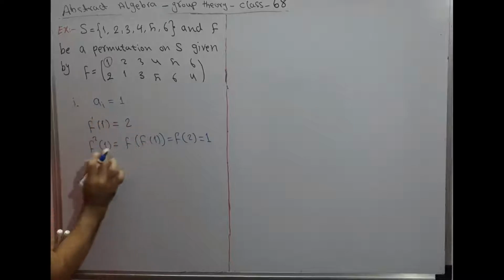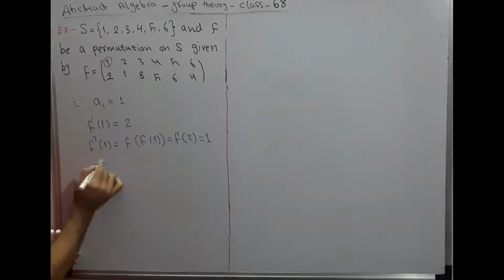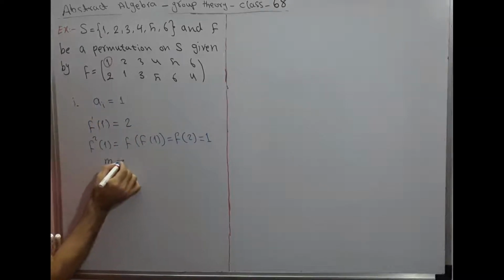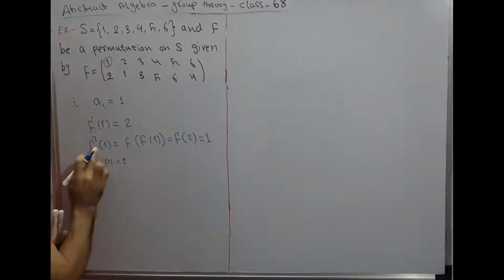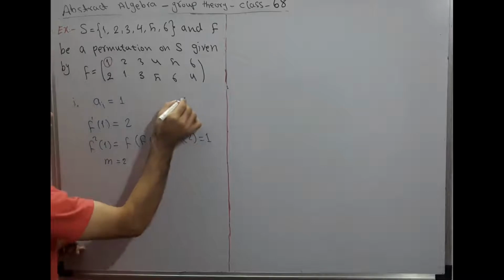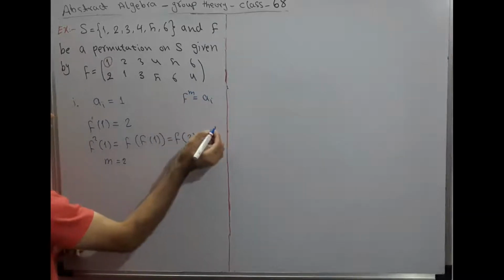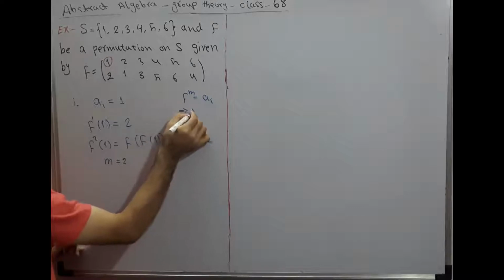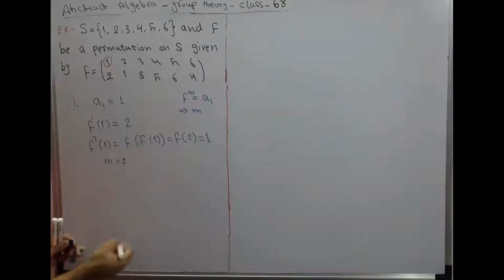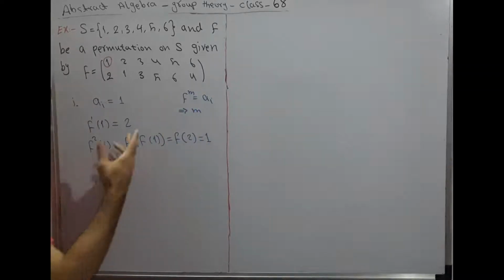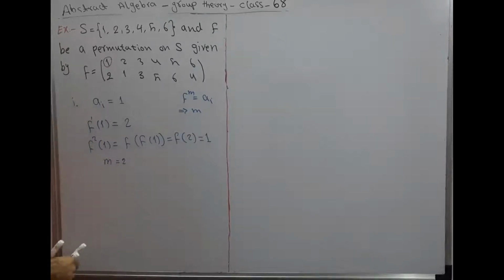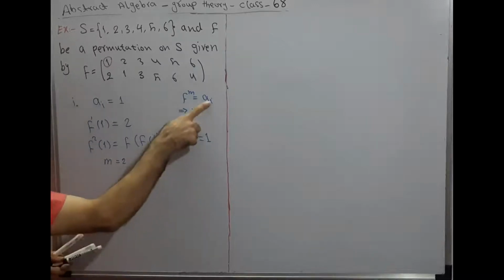Actually, here m is equal to 2. Why? Because we already said f to the power m of ai is equal to ai. Therefore, m is the order of the permutation, or we can say m is the orbit length of ai.